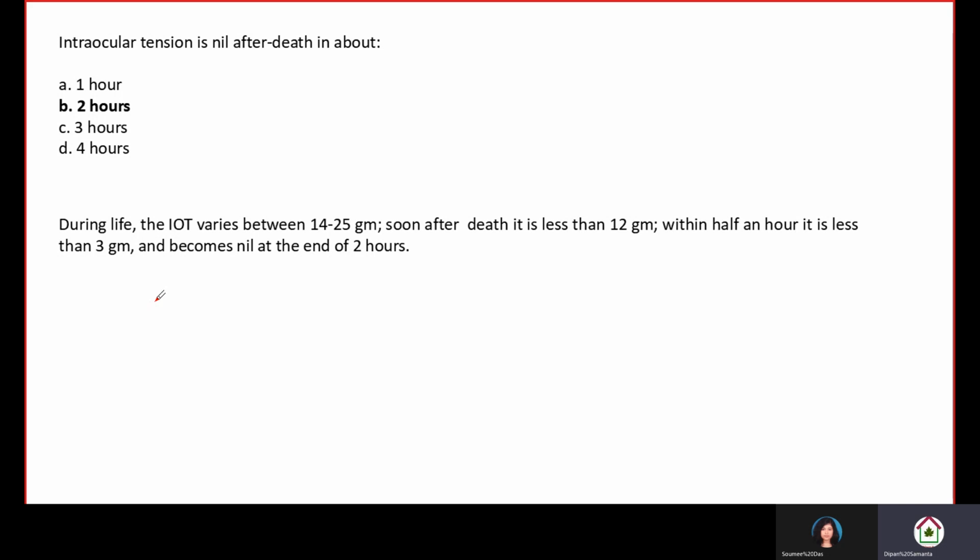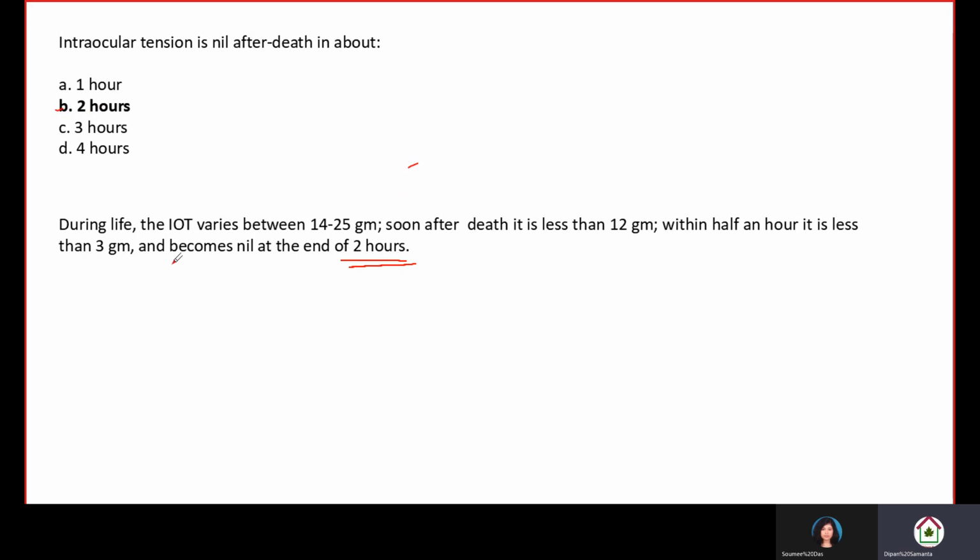Soon after death, it is less than 12. And within half an hour, it is less than 3. So it becomes nil at the end of 2 hours. And the answer will be 2 hours.